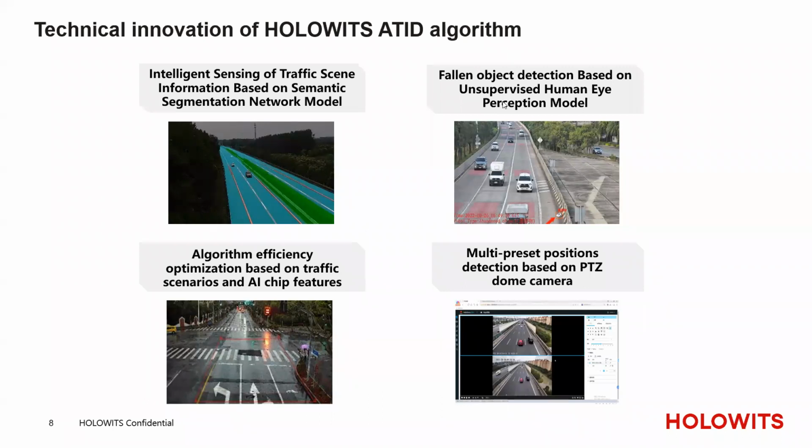The fallen object detection is based on a supervised human-eye perception model. The algorithm efficiency is optimized based on the traffic scenarios and the AI chip features. And this is the multi-precise position detection based on the PTZ dome cameras.